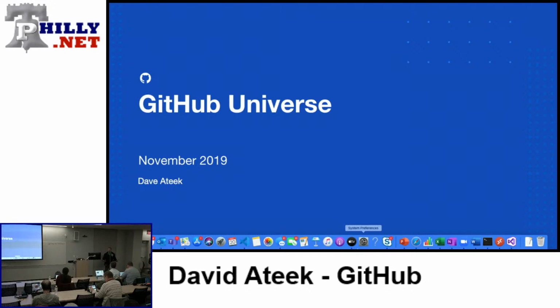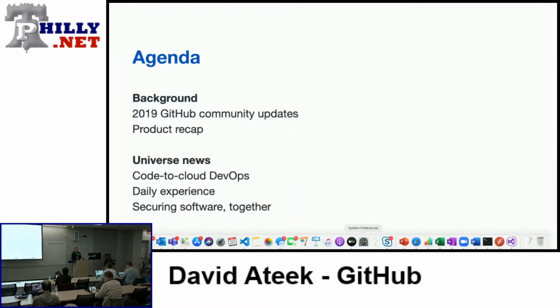GitHub Universe is our conference for developers, engineers, and we bring everybody out to San Francisco. I think we do it every 2 years at this point. We have these different satellite conferences we'll do as well, but everybody comes out. We have about 2,000 people out there at Universe, and we get to roll out a lot of interesting things.